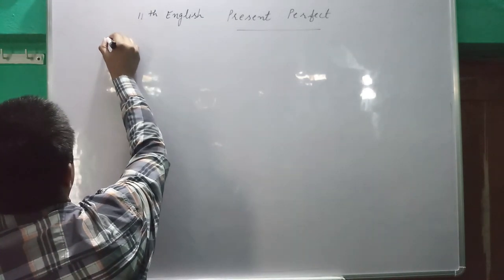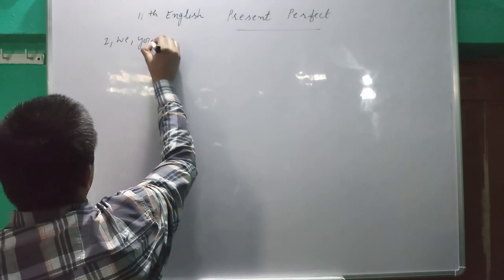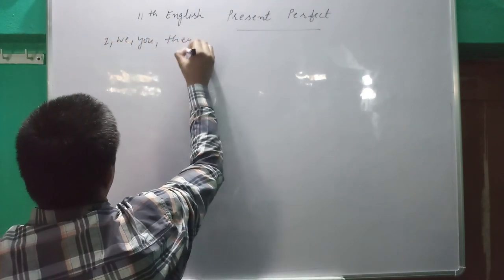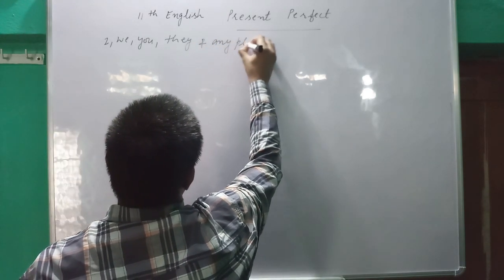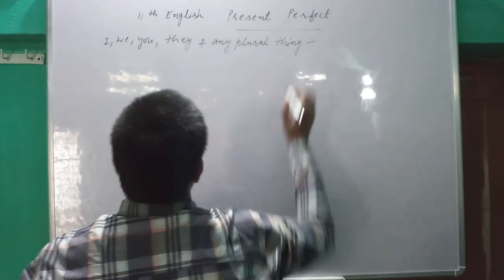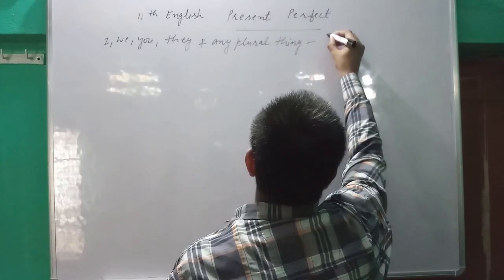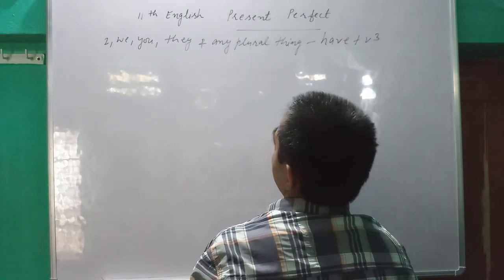When the subject is I, we, you, they and any plural thing, then we should apply have plus third form of verb.